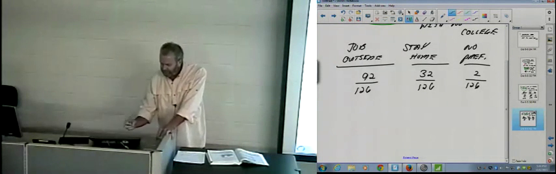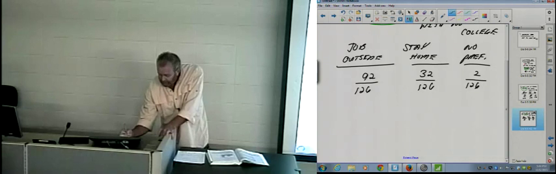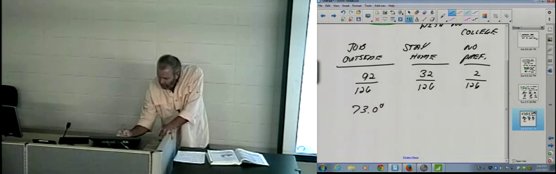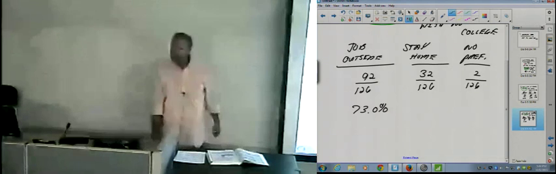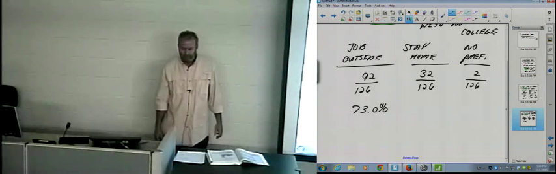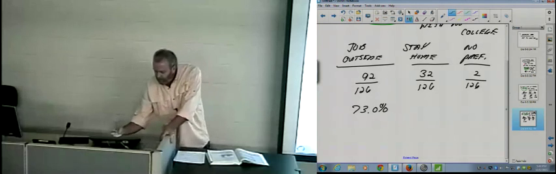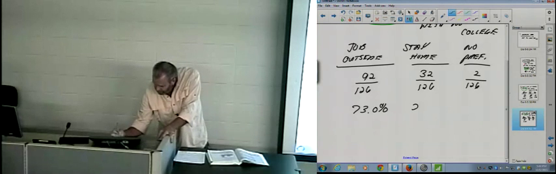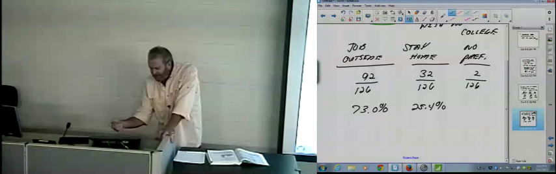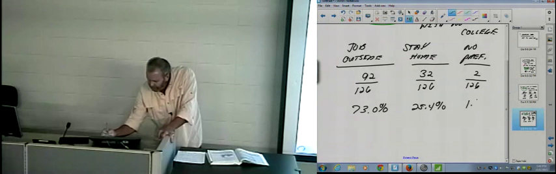That's kind of high. 73 exact. What is 32 divided by 126? What was it, 25.4? And then 2 divided by 126 must be everybody left over.